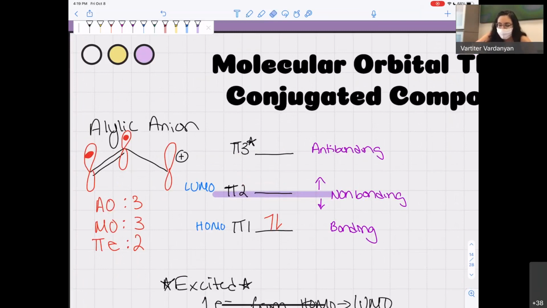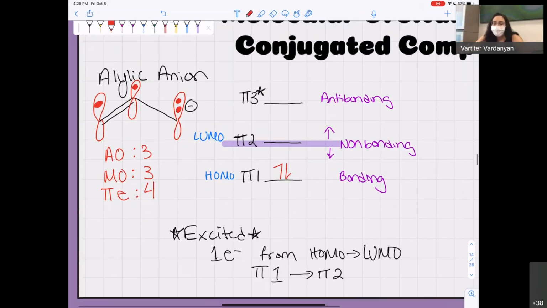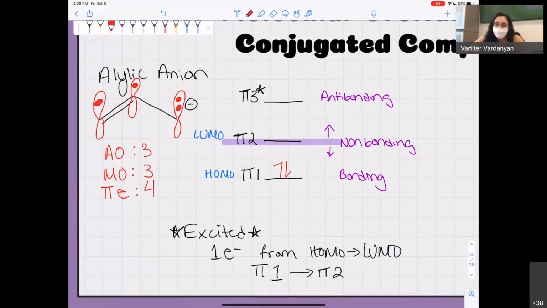Okay, so the anion is a negative charge. So that means there's going to be 2 electrons in here. So there's a total now of 4 pi electrons. The orbitals stay exactly the same. Bonding, non-bonding, antibonding. The only thing that's going to change is the electron placement.